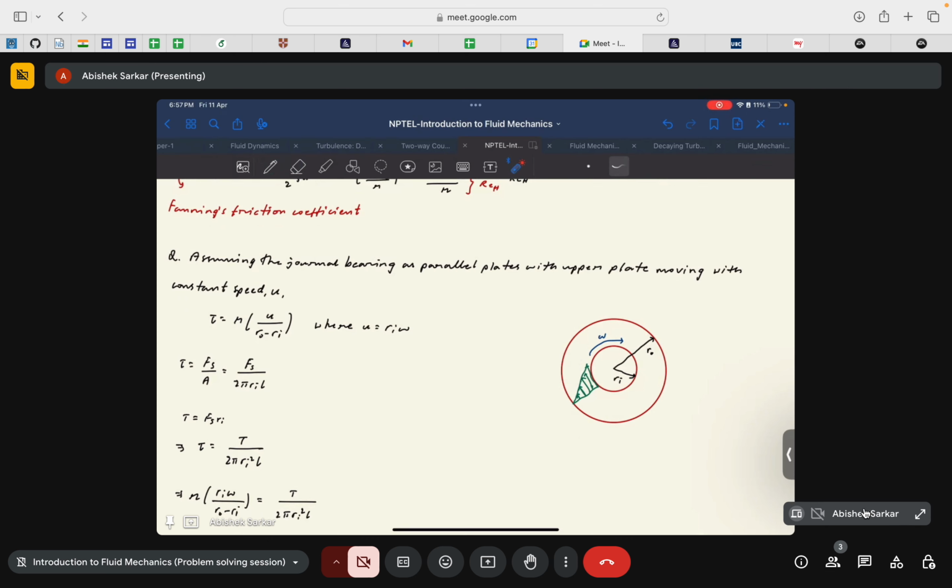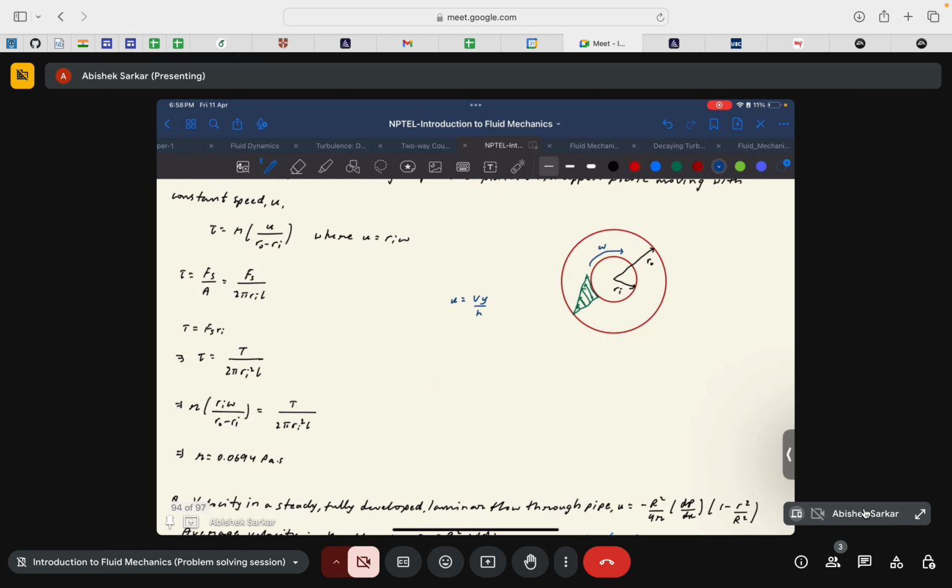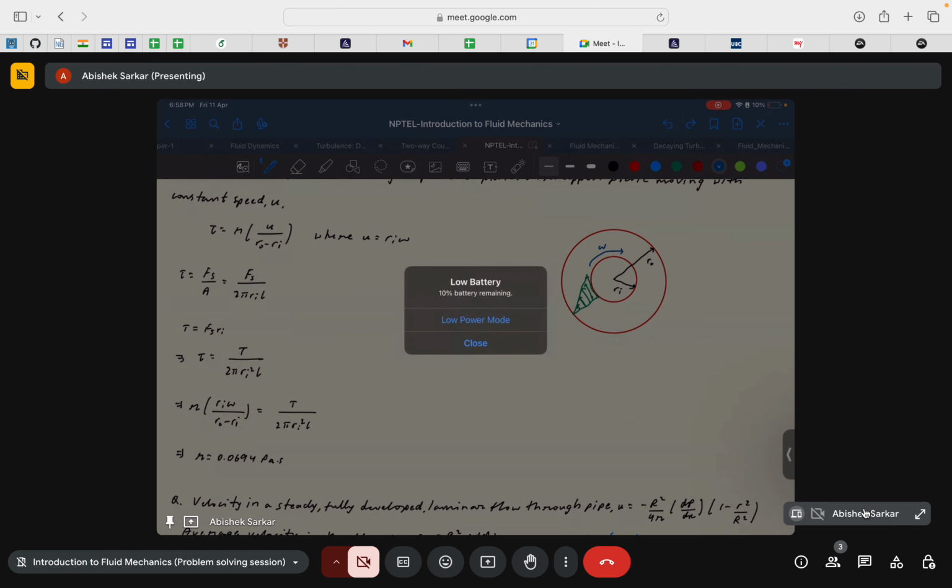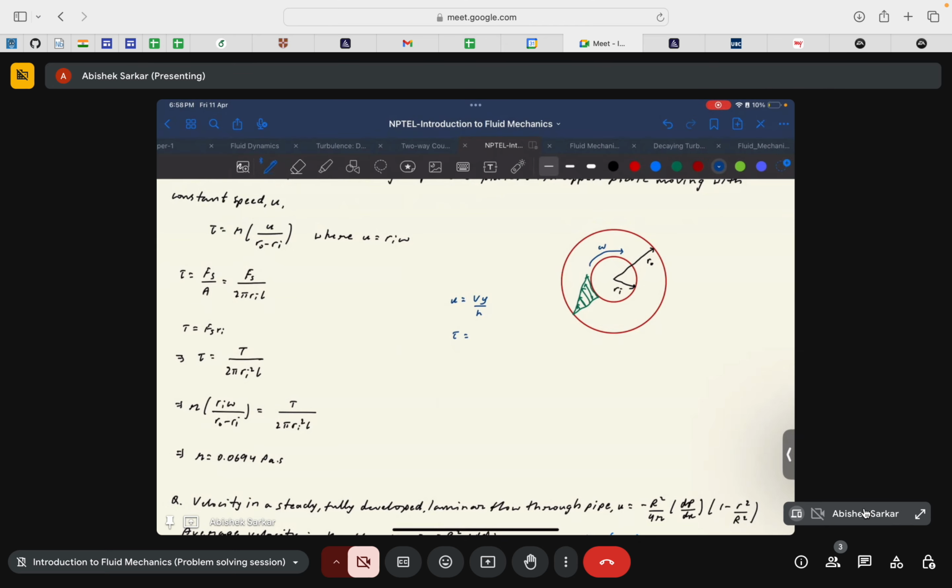If you recall, I'll write it here. For Couette flow, u was given by V y by h, where V is the velocity of the upper moving plate. Then tau is mu du by dy, which would be mu V by h.